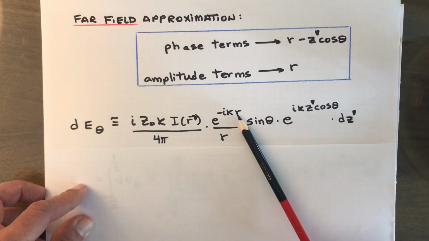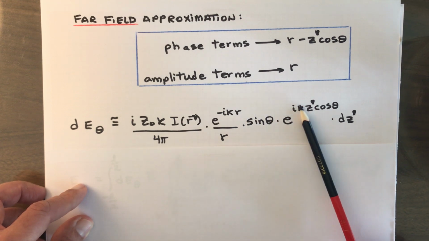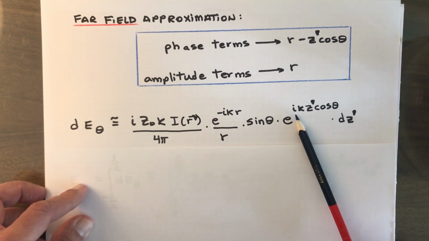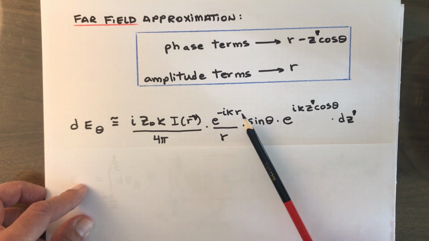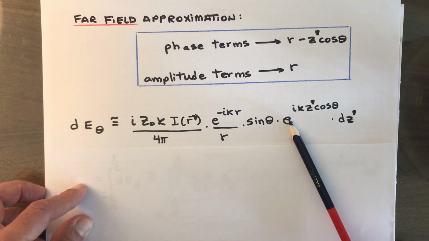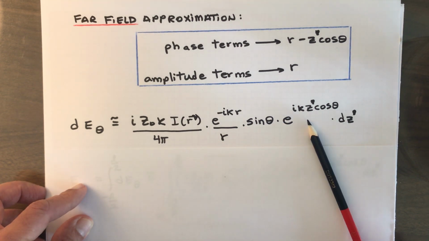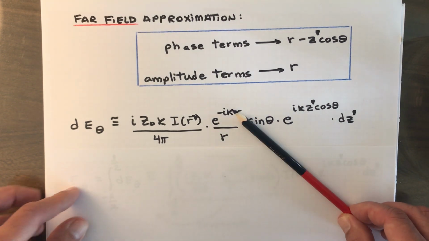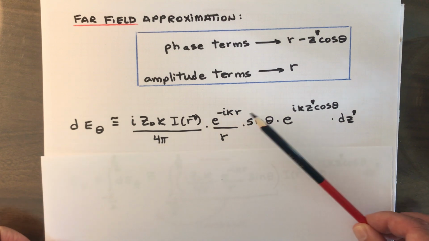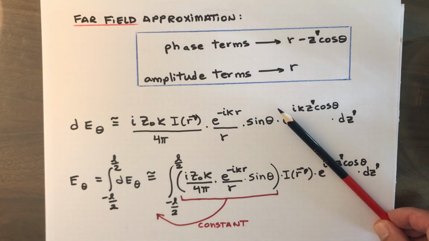And since that r is in the phase, it's got a phase term approximation, it includes this term right here. That's where that comes from. Since it's an exponential, the addition of exponential terms results in a multiplication of exponentials, which is what we have right here.